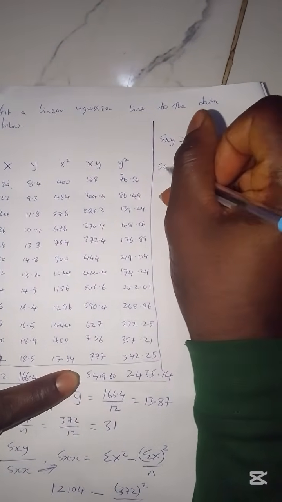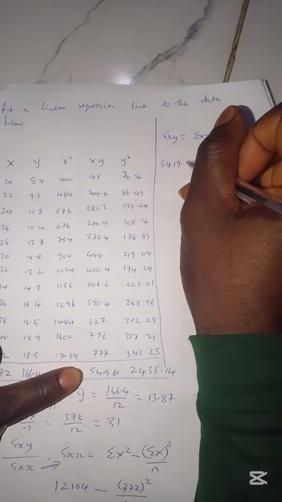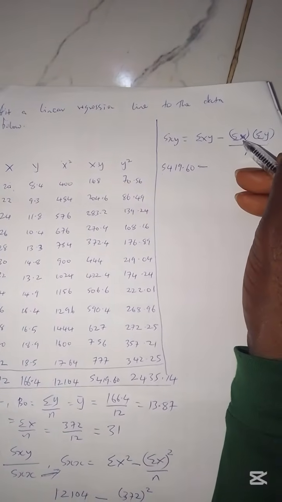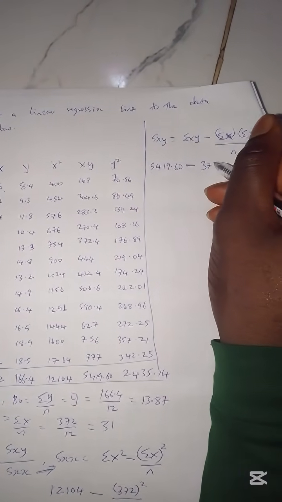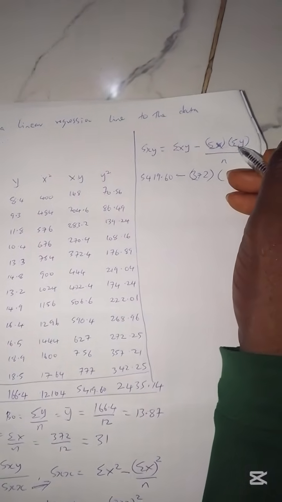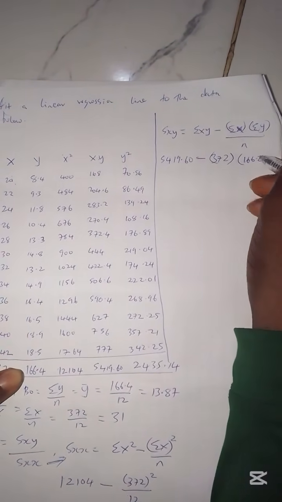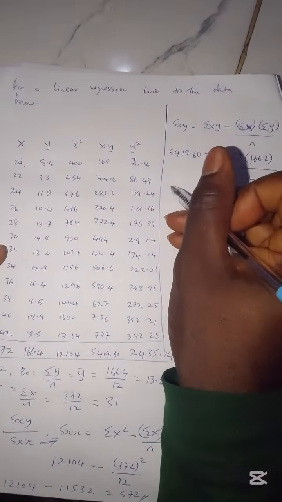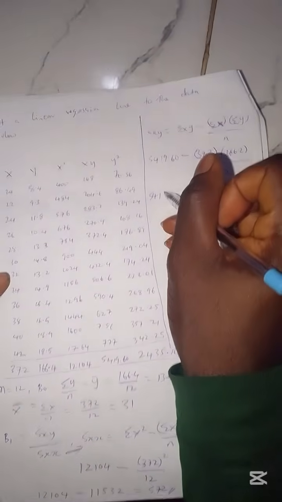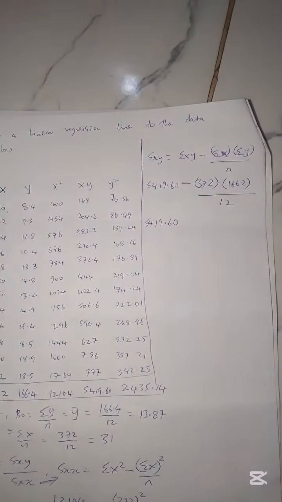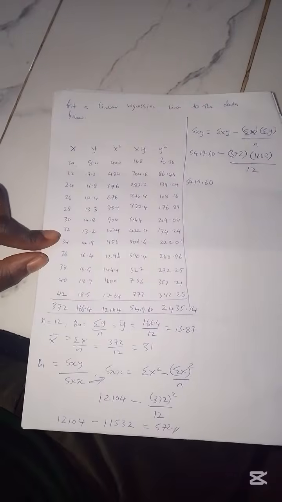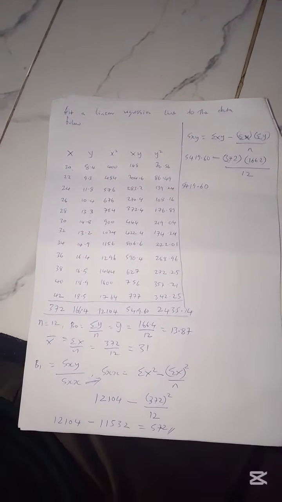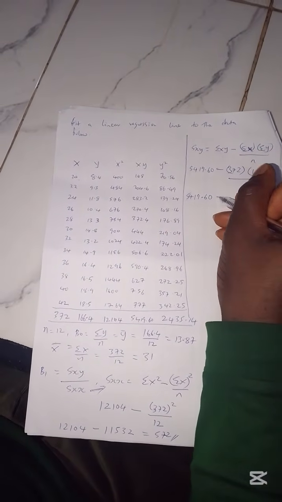So it will be 5419.60. Minus summation x, 372, times summation y, 166.2, all over n, 12. So we'll have 5419.60 minus.